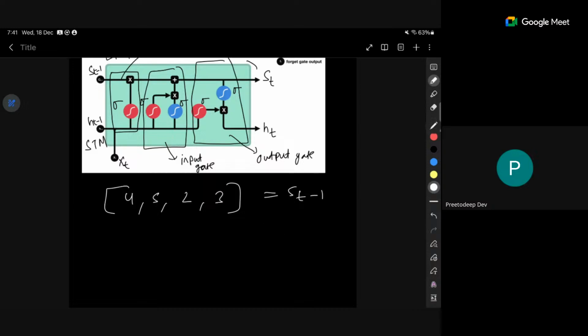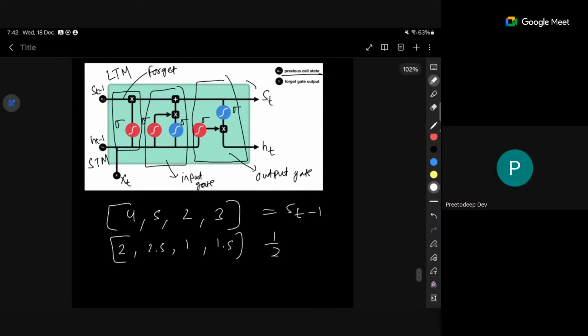Or you can multiply it by, say, 0.5, which is 1 by 2. Then you'll have 2, 2.5, 1 and 1.5. This is what the forget gate does. It helps in wiping some of the memory. If you don't want it at all, you can use 0, and then everything will be wiped out.